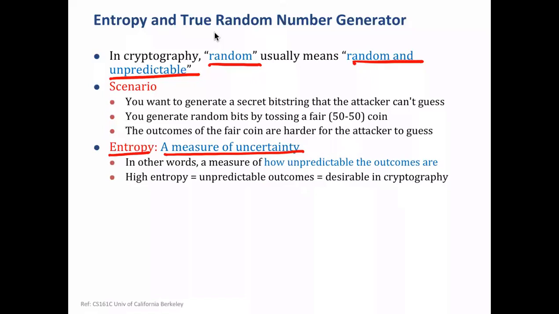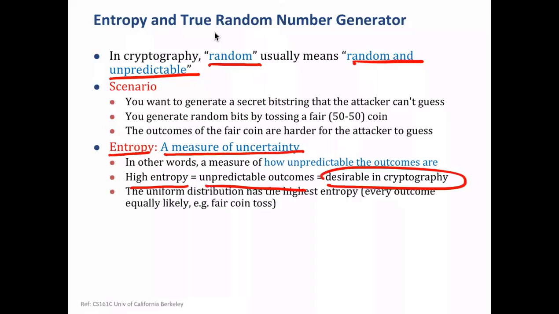Anything which is more uncertain has higher entropy. The sequence we get by tossing a coin has the highest entropy that one can have. High entropy means unpredictable outcomes and it's desirable in cryptography. So a fair coin toss has the highest entropy.